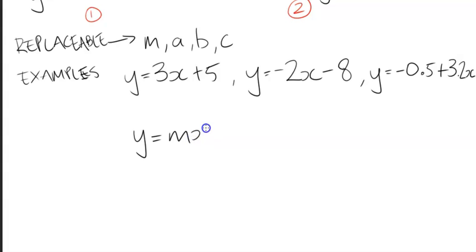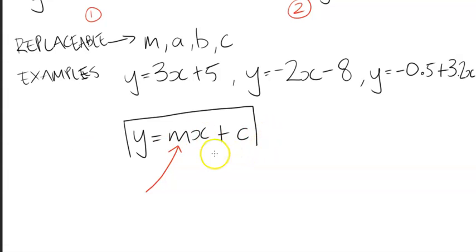Y equals mx plus c. Now there are two really important characteristics when it comes to this equation format. The first one is this letter m, which will be replaced with a number when we see different linear equations. This m that's in front of the x, and remember it's m times x, has a special name called the gradient.